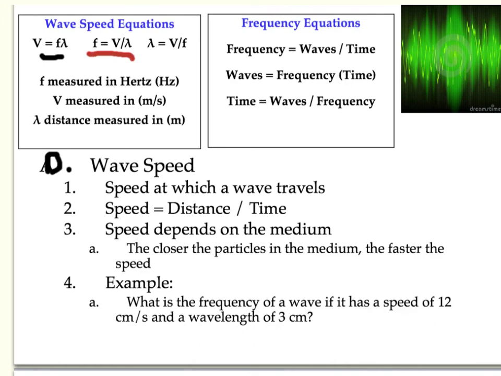Frequency is equal to velocity divided by wavelength. So therefore, we're going to come up with 12, which is our velocity, divided by 3 centimeters as our wavelength. That'll give us a frequency of 4.